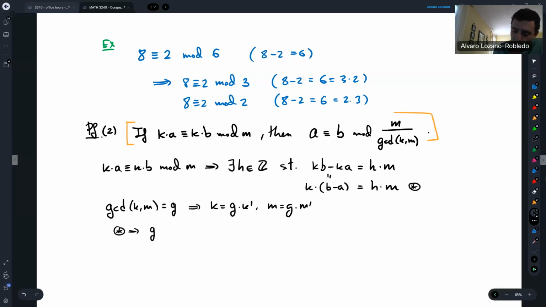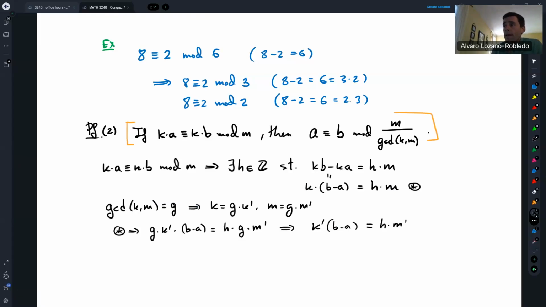So I can write G times K prime times (B minus A) is the same as H times G times M prime. And I can cancel, this is in the integers, so I can clear these G's to get that K prime times (B minus A) is equal to H times M prime.